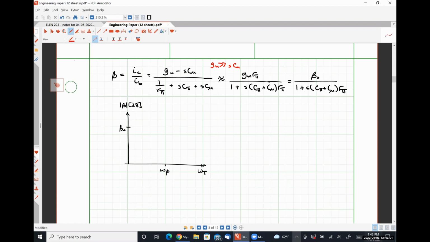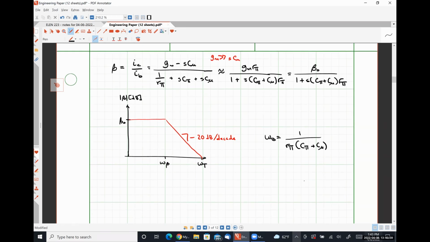A simple Bode plot of this would look something like this, where this slope is negative 20 decibels per decade. Omega b, our corner frequency here, is just 1 over R pi times C pi plus C mu. And this corresponds to 0 decibels.